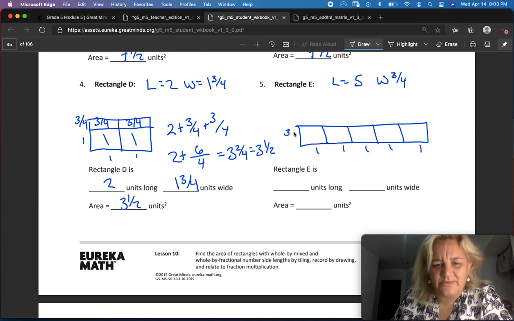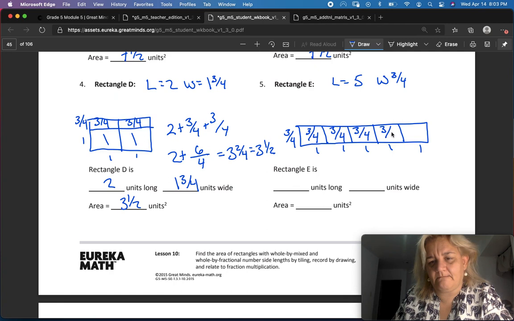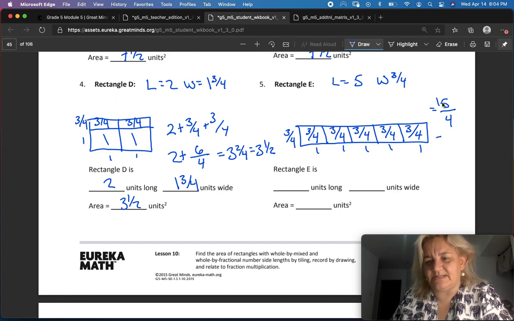And here, this is only 3/4. So 3/4 times 1 is 3/4. Each of these little boxes is going to be worth 3/4. If I add those all together, I have 3, 6, 9, 12, 15/4, which equals 4 goes into 15 3 times with 3 left over.